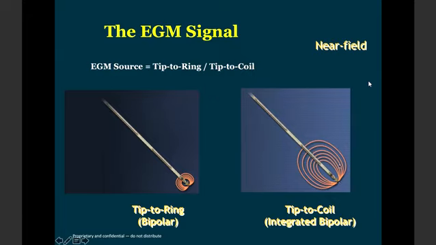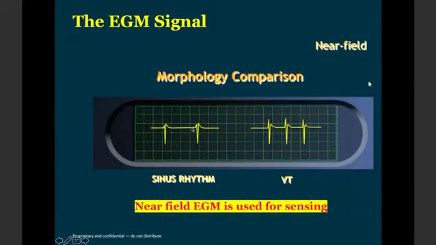But nevertheless, the tip is involved in the sensing process. So this is called near field sensing. If you see the electrogram morphology of the near field electrogram, there is hardly any difference between the electrogram in sinus rhythm as against a ventricular tachycardia. The near field signal is always a sharp signal.